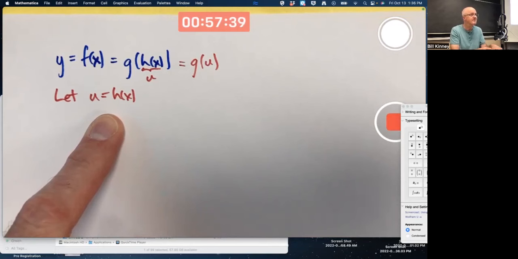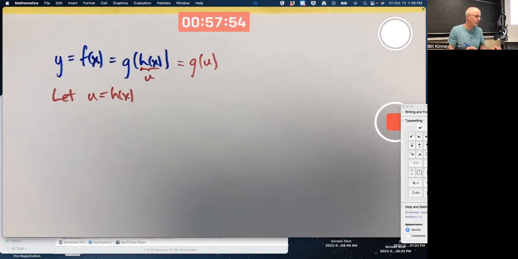It's a little weird, but you will see this kind of thing done in science classes to introduce a new variable like this. When you write the chain rule using this new variable u, and if you do it in Leibniz notation, something kind of interesting and convenient happens.